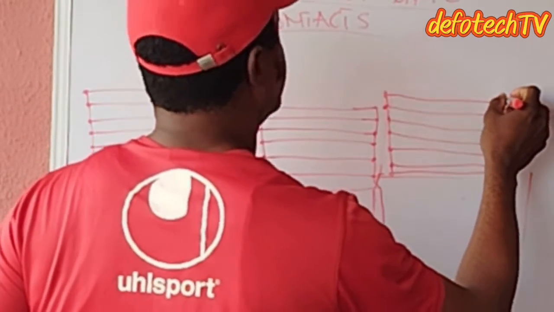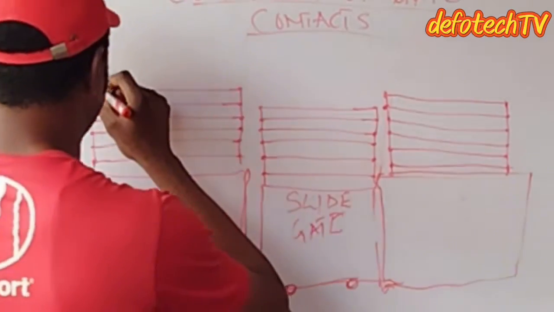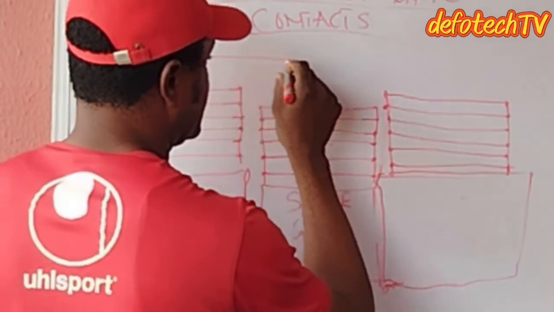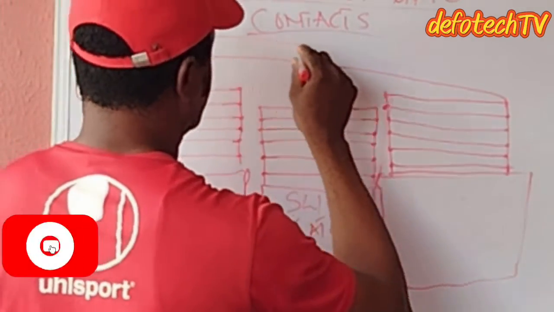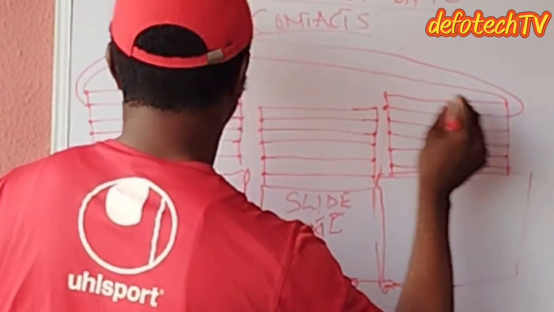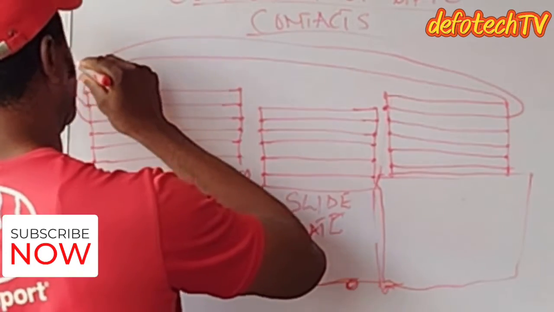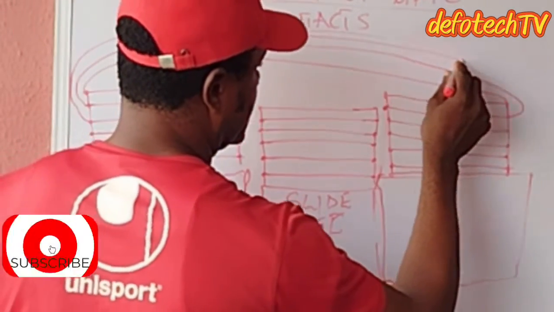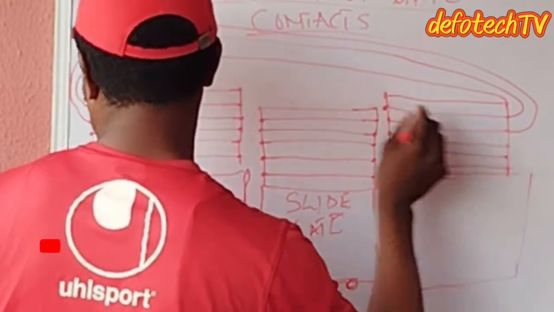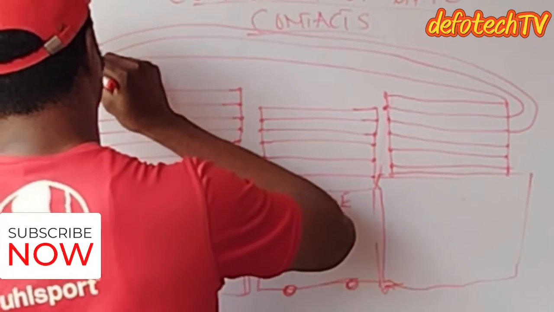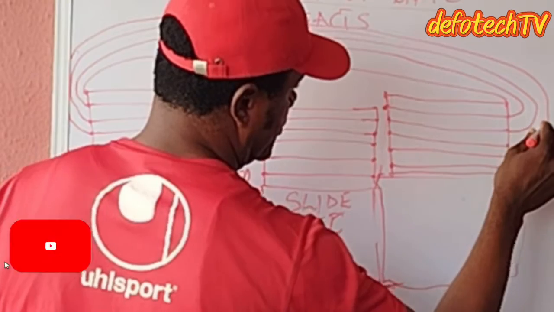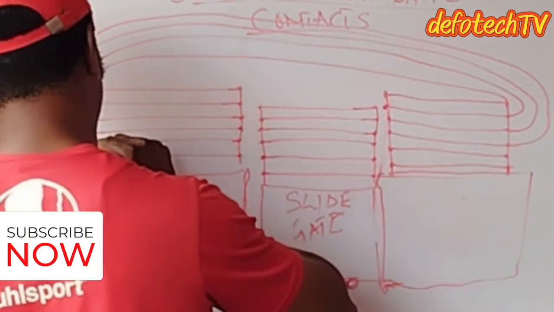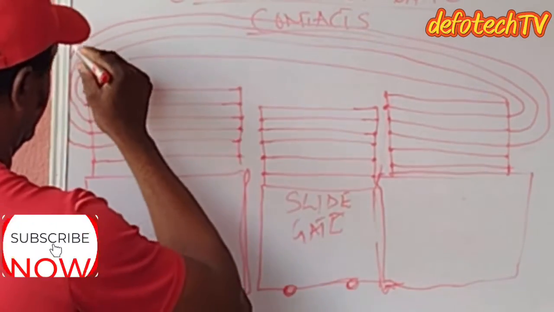Get this explanation, please. Let's say this is 1, 2. I'm trying to simplify this whole thing. 3. Let's assume 4. So it's going out from here.